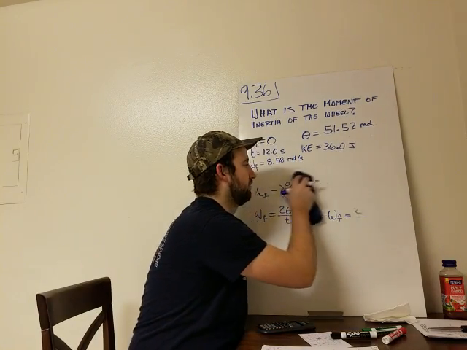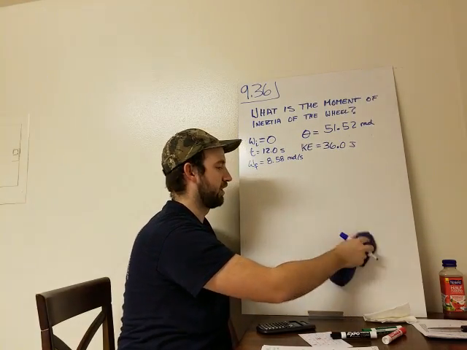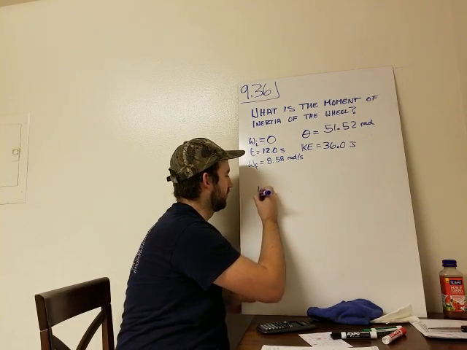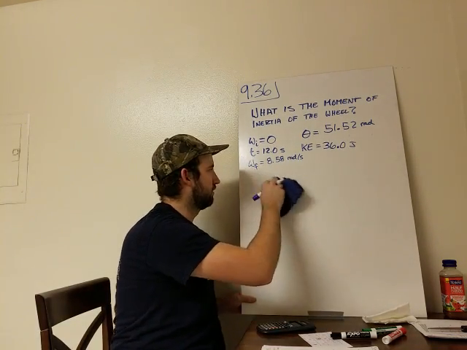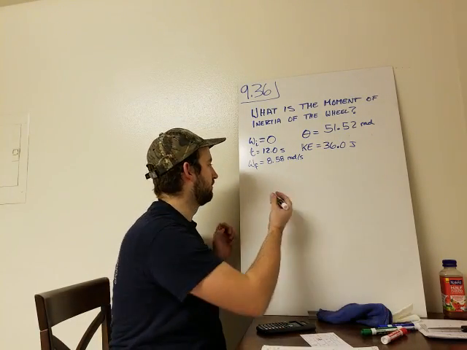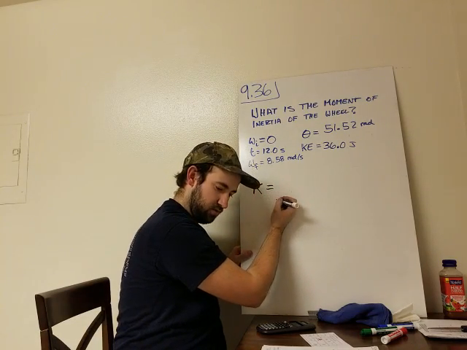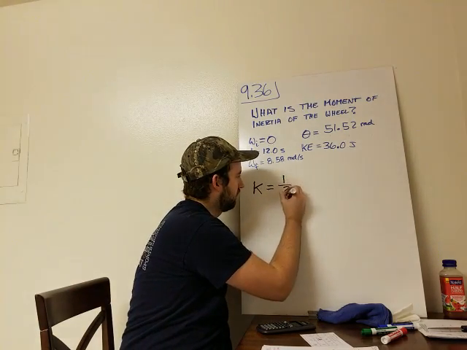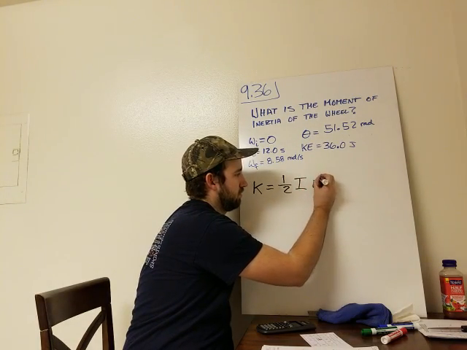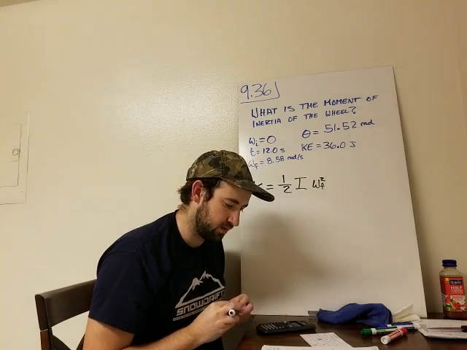Alright, so we're almost done now, because now we can use one of our energy equations, which states that the kinetic energy, I'm going to switch, this marker's not doing the best, is equal to 1/2 times the moment of inertia times the final angular velocity squared.